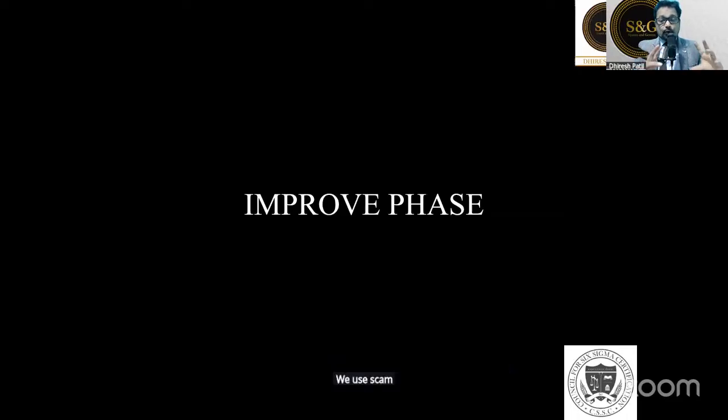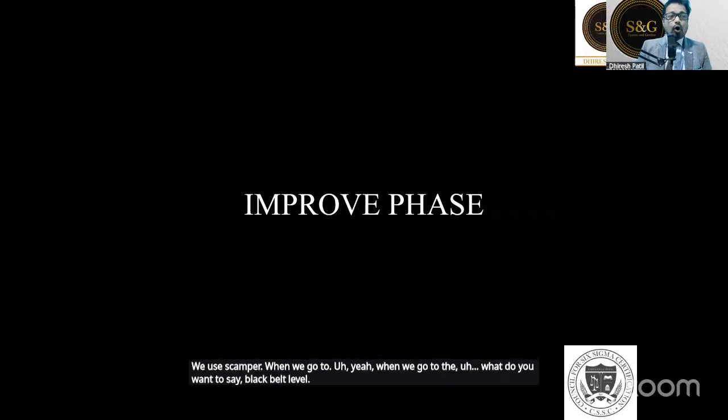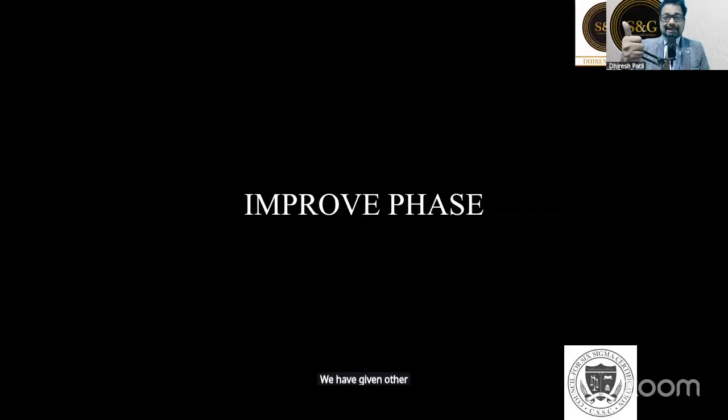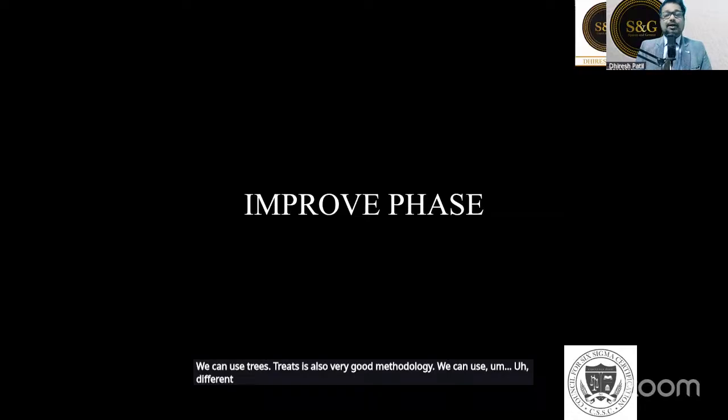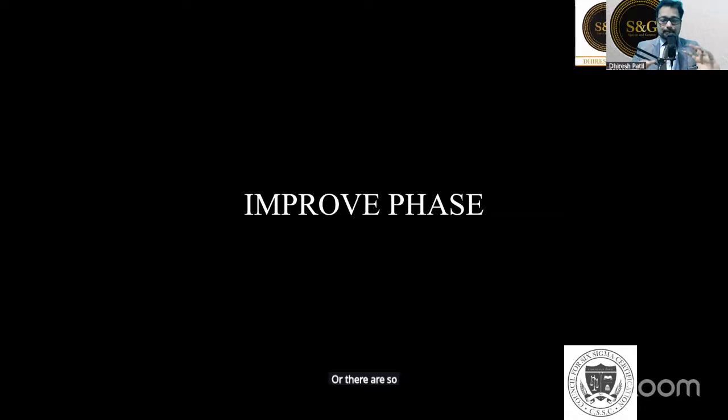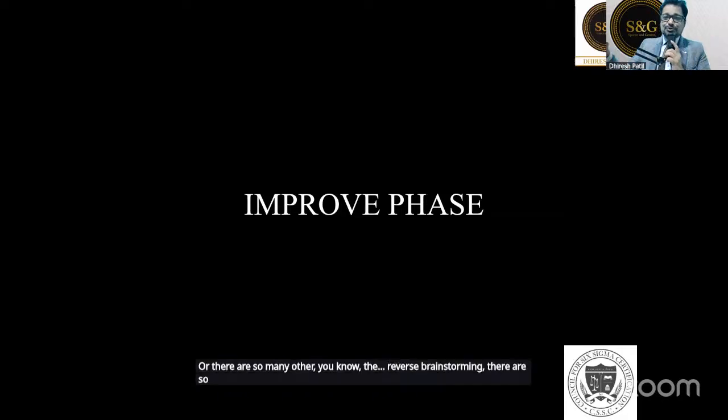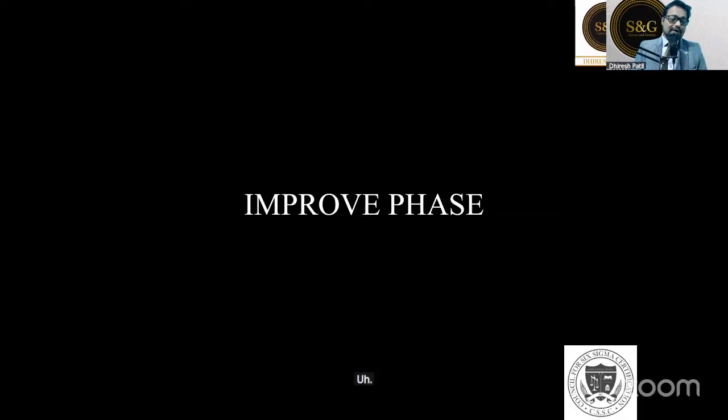When we go to the black belt level, we have given other tools. For example, Six Thinking Hats we can use. We can use trees, which is also a very good methodology. We can use differential diagnosis, or there are so many others, like reverse brainstorming.